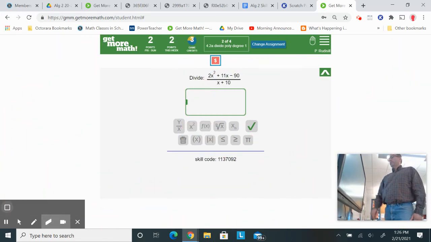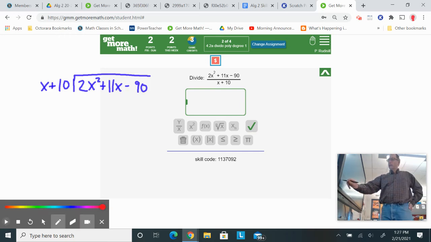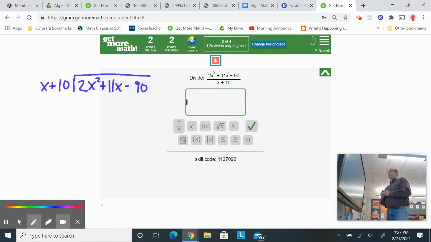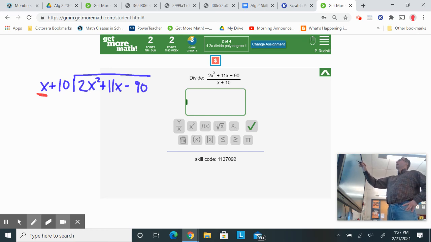Let's do another one. Let me rewrite the problem in long division. All right, so we're dividing by x plus 10. So I'm going to focus on the x here and the 2x squared. I need to multiply by a 2, and I need to multiply by an x.